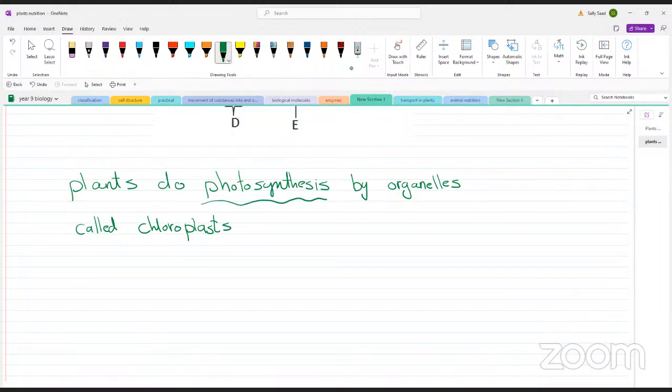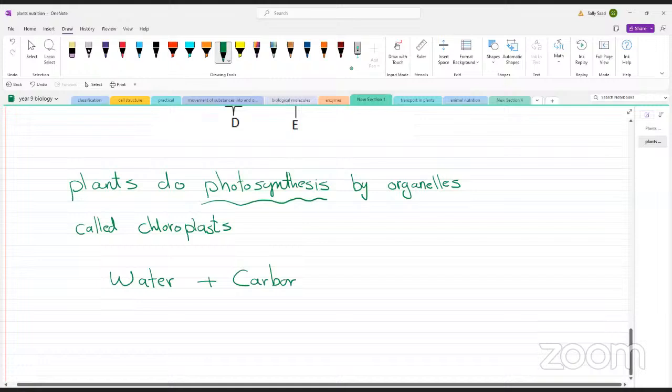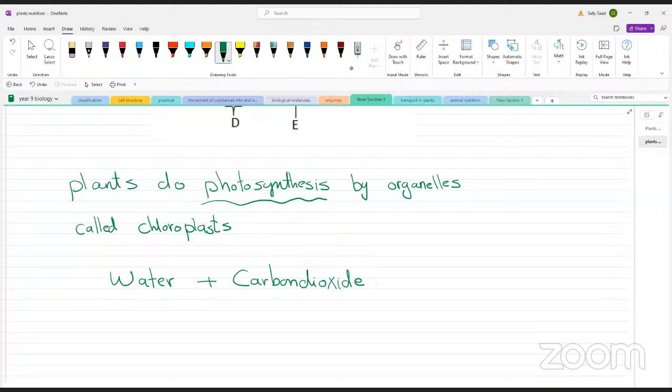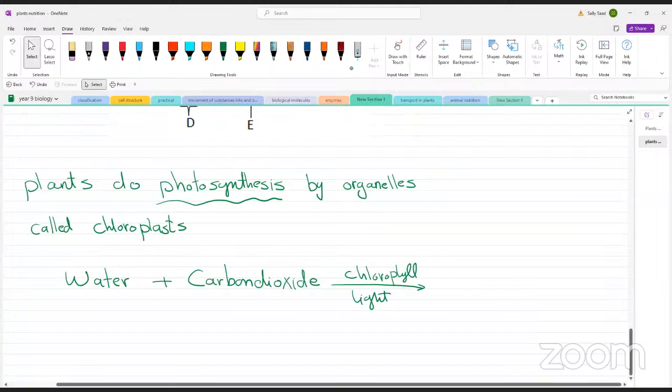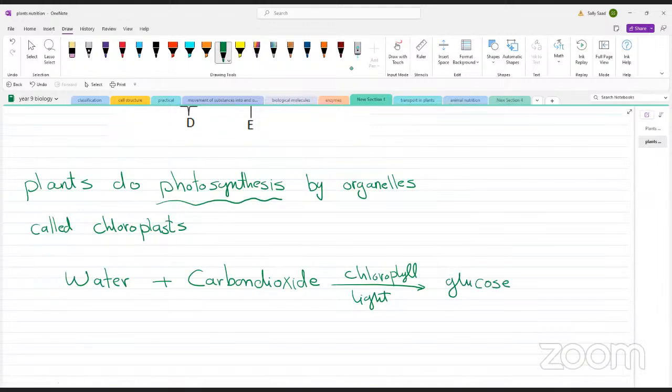As I said last time, the plant will take raw materials like water and carbon dioxide, okay, by that chlorophyll which is found inside the chloroplast that absorbs light, okay, it manufactures glucose and gives oxygen.